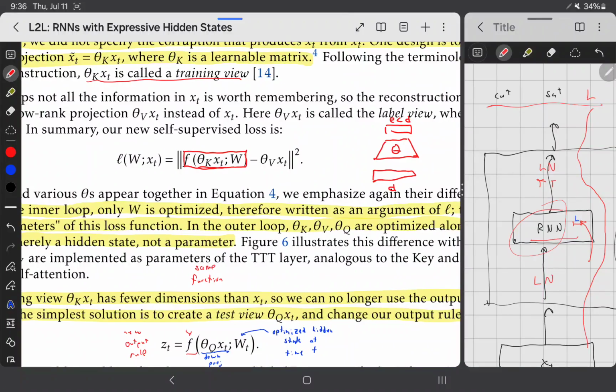Now we're not going to up project the token, rather we're going to down project the token twice. One down projection is going to be here using the keys, and our inner function is going to learn how to reconstruct it, and our other projection here is going to be used to tell the model what we want it to reconstruct. And this will give us our loss.